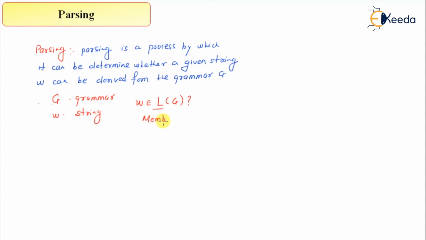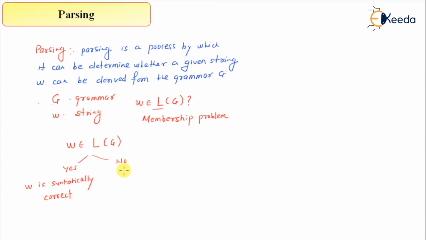So we want to determine whether the given W is a member of the language generated by the grammar or not. This is nothing but a membership problem. Now, if W is an element of the language generated by the grammar, the answer will be yes, otherwise no. If the answer is yes, then W is syntactically correct.